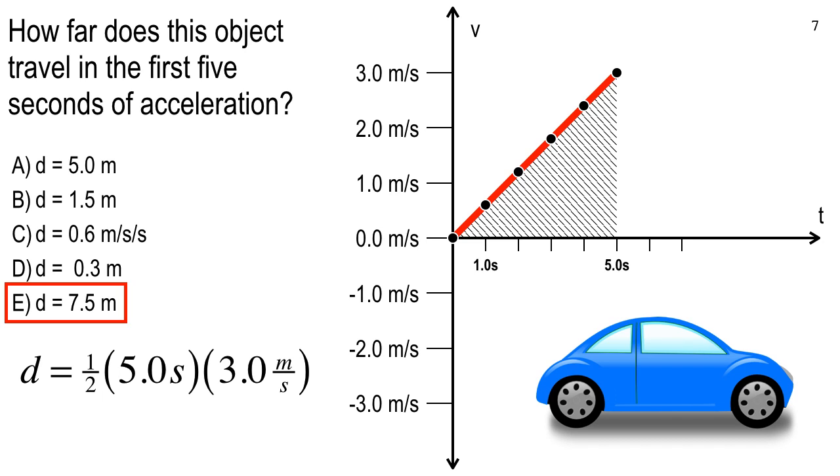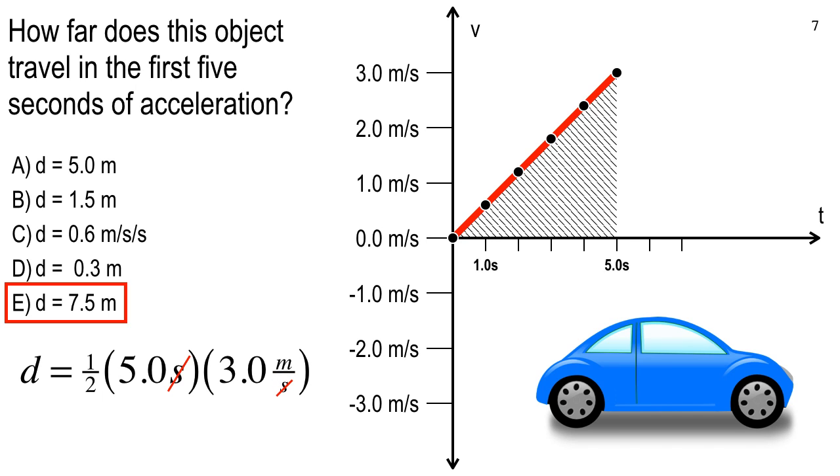And hey, you guys, just so you notice, we're going to do a little bit of cancelization here. Look over here, down here. The seconds and seconds, they're out of here. They cancel.